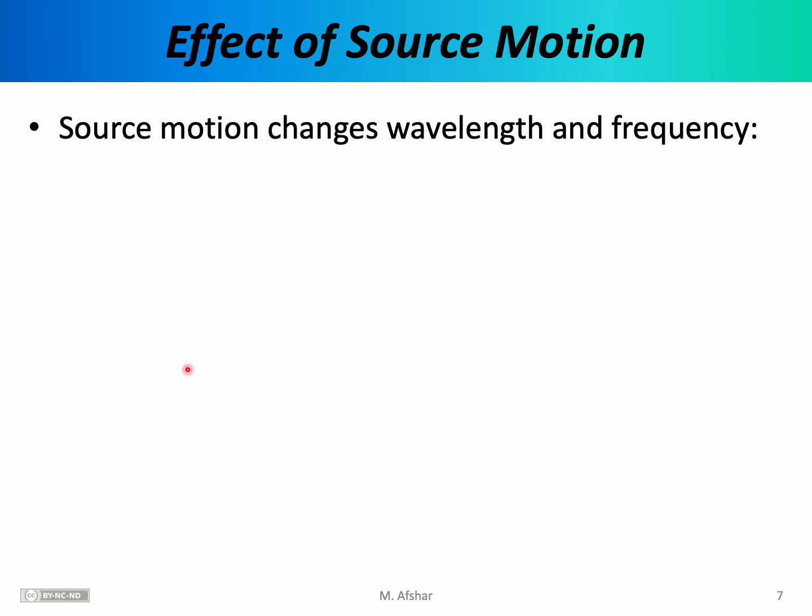So basically, the wavelengths that are measured on the left and on the right are going to be different. And of course, wavelength is related to frequency. If you change the wavelength of waves, then you're going to change the frequency of the waves. So ultimately, the frequency that is heard or detected on the left is going to be different than the frequency that is heard or detected on the right.